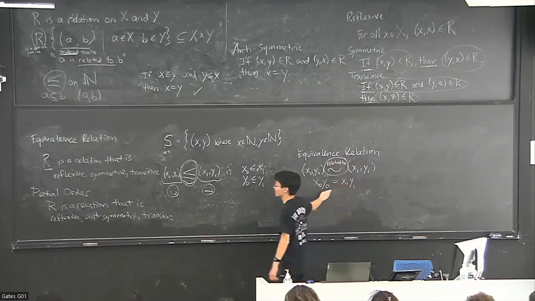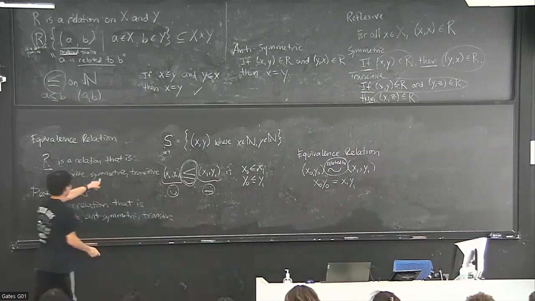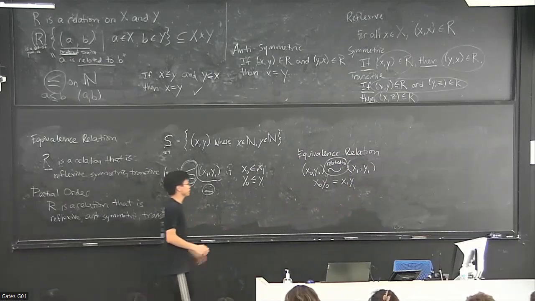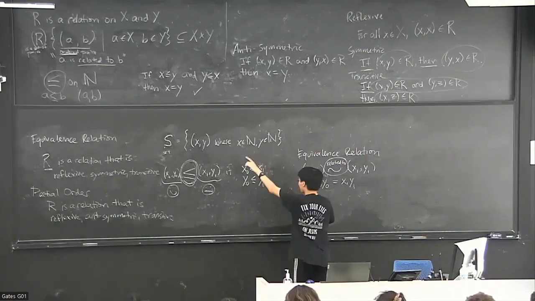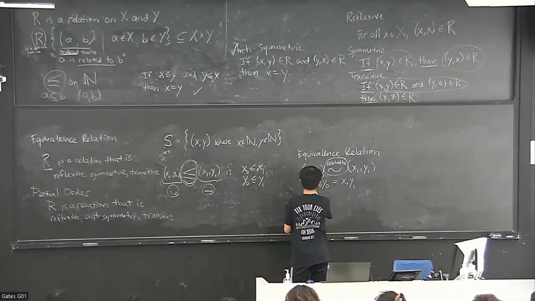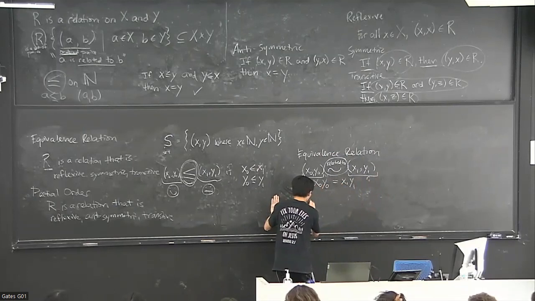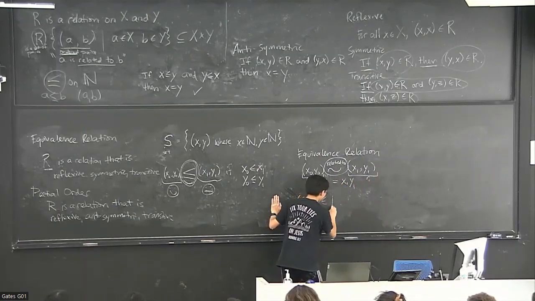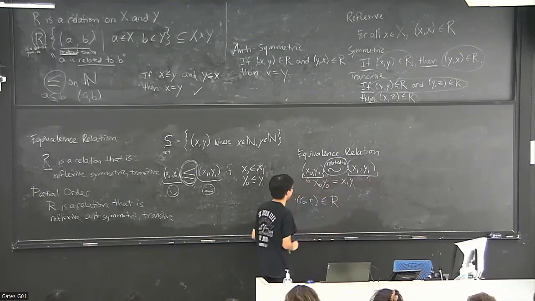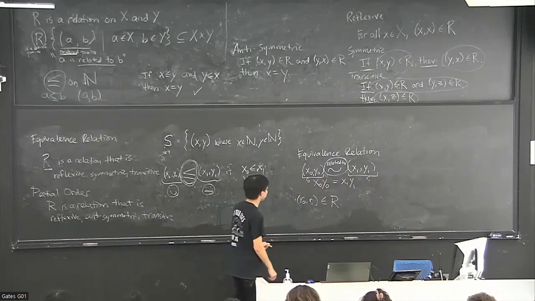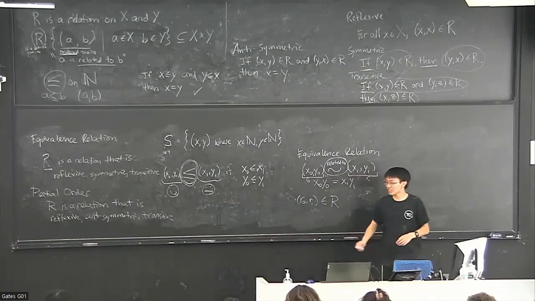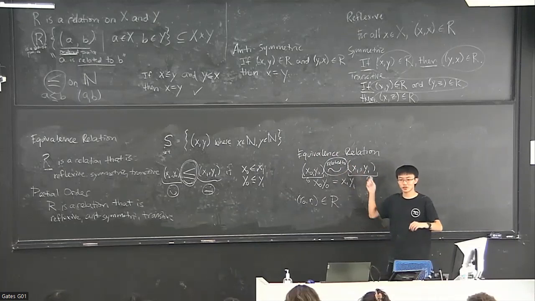You can also verify that this relation is reflexive, symmetric, and transitive. Keep in mind, if you wanted to talk about a relation on S, you can say this one is R0, this one is R1, and the pair (R0, R1) is one of the pairs inside the relation. Is everybody comfortable switching between these two notations? Thumbs up or thumbs down.